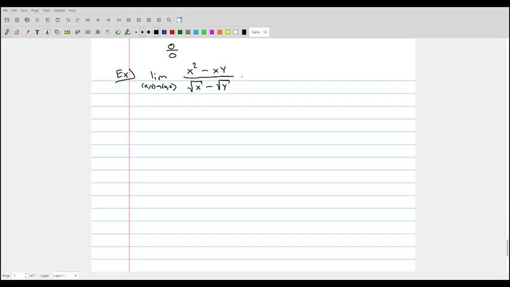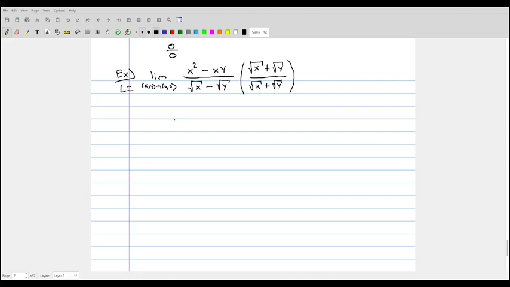Specifically, if we multiply by the reciprocal, square root of x plus the square root of y over square root of x plus the square root of y, this is not changing our function at all. This is the same thing as multiplying by 1. So we're not changing the limit that we're calculating here. This limit is still the same limit that we're trying to calculate, L.